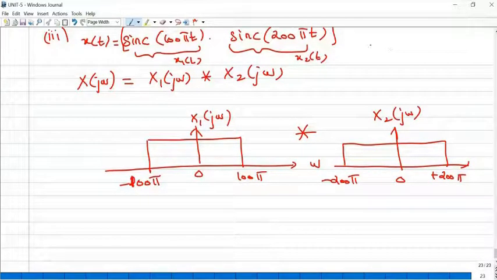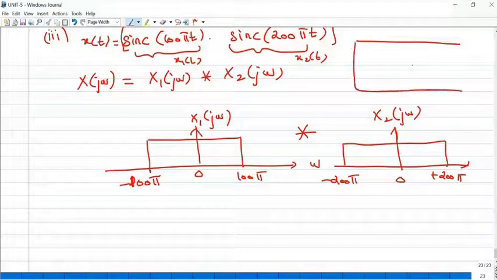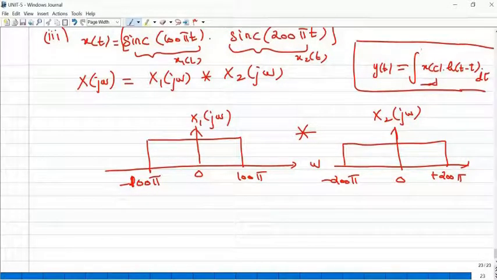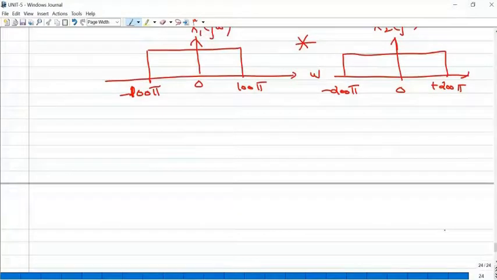It is a continuous time signal, not a summation: y of t equals integral of x of tau h of t minus tau d tau from minus infinity.